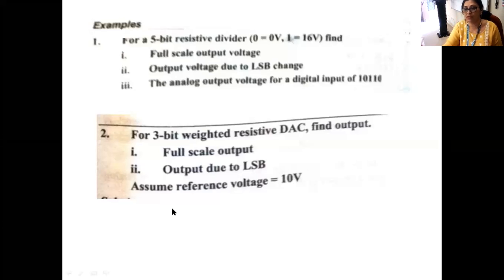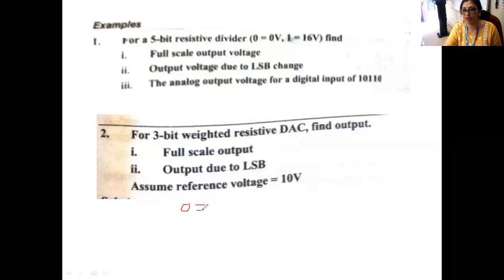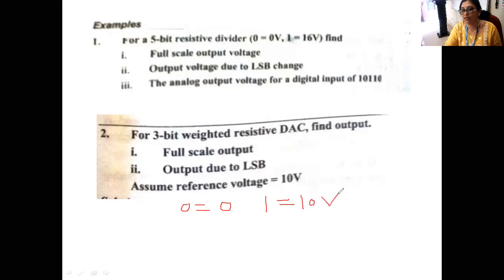So as it is written, you have to consider 0 as 0 and 1 as 10 volt. If there is a 3-bit weighted resistive digital to analog converter, you have to find these two values: full scale output voltage and output due to LSB.